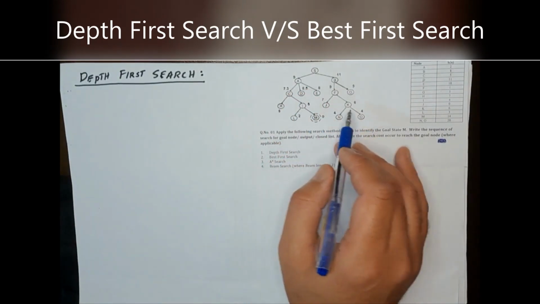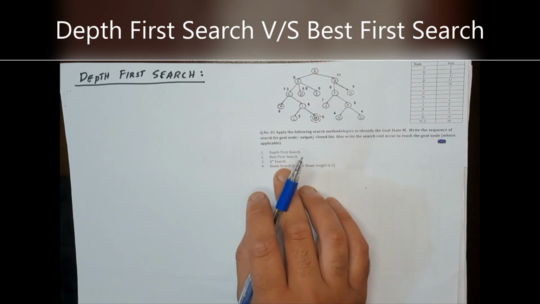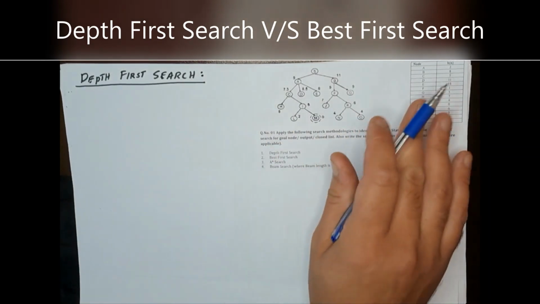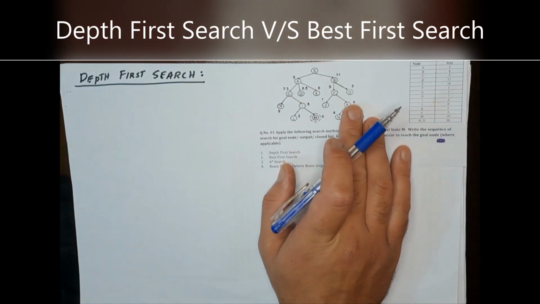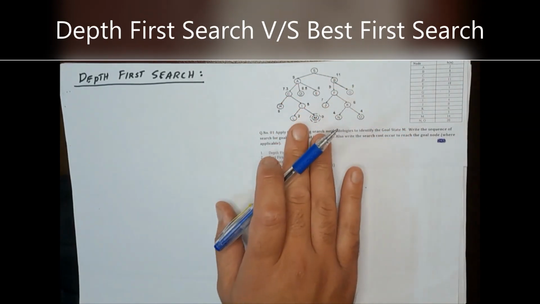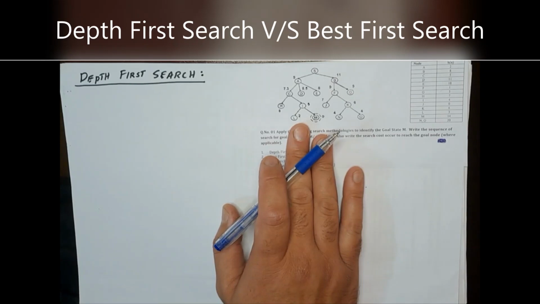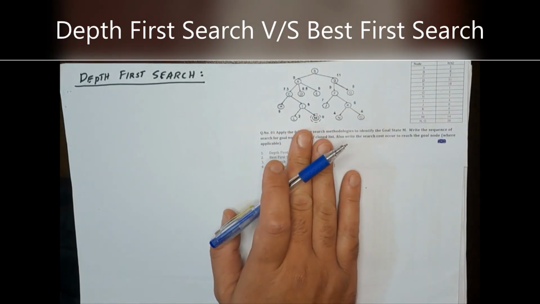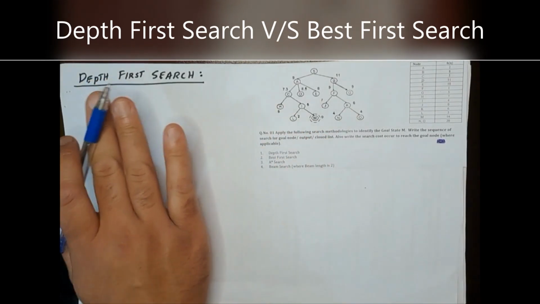Here you see these values, these are for other search techniques. In case of depth first search, we don't need this table, we don't need those values. We are just focusing on those nodes that exist over here, because in case of depth first search we are not provided with any information. So let's move on directly to the algorithm.